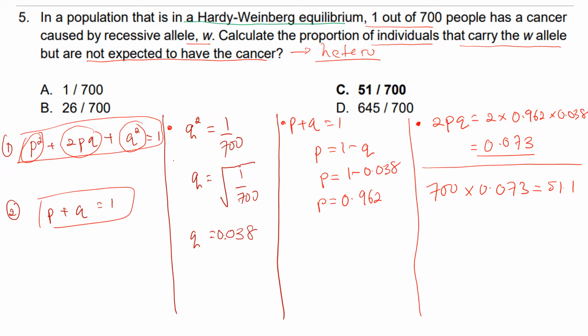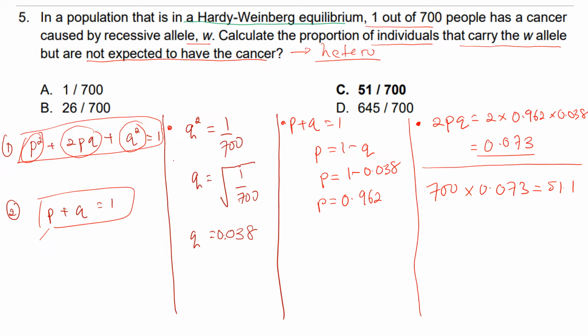In that population the total is 1, which is 100%. And p plus q is to determine the allele frequency. p is the frequency of the dominant allele, q is the frequency of the recessive allele, so all the alleles will equal 1 or 100%.